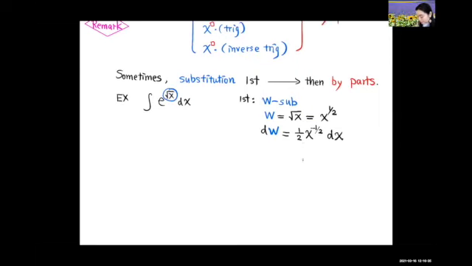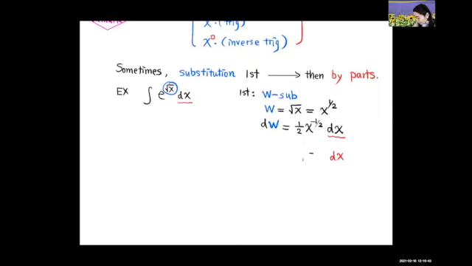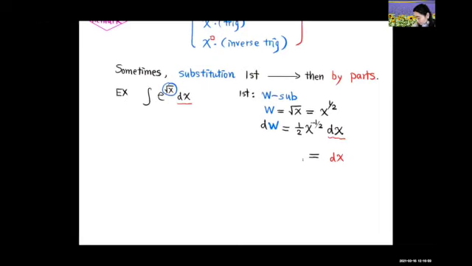Now if you isolate the dx here, that will be equal to dw times x to the 1/2 power. So you will get 2 times x to the 1/2 power dw.